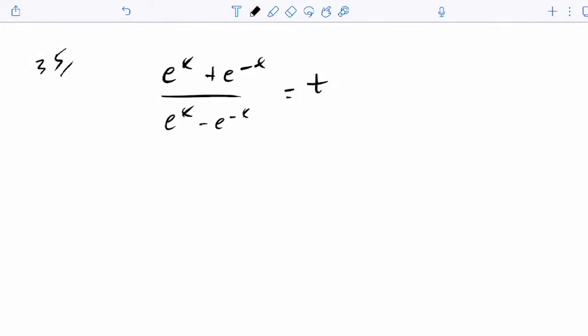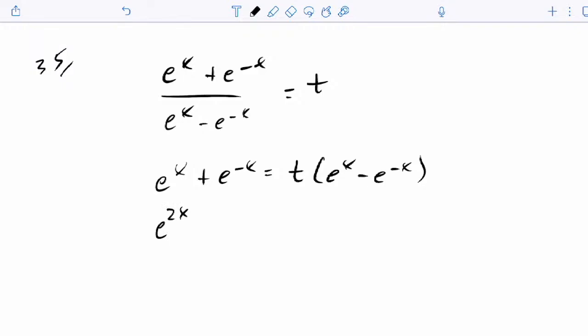So same deal here. What I would do with this one is get rid of the denominator. Multiply across, that should make sense, and then multiply across by e to the x. So you do the same trick. I get e to the 2x plus 1 is t times e to the 2x minus 1. And that's just me multiplying across by that value.